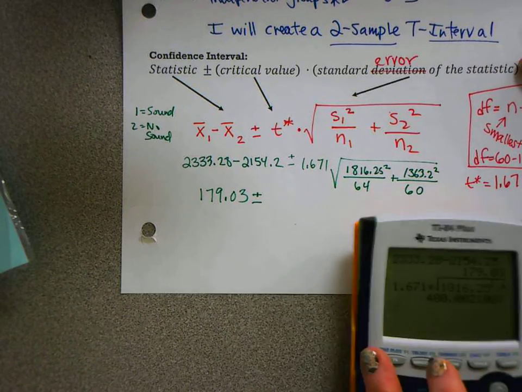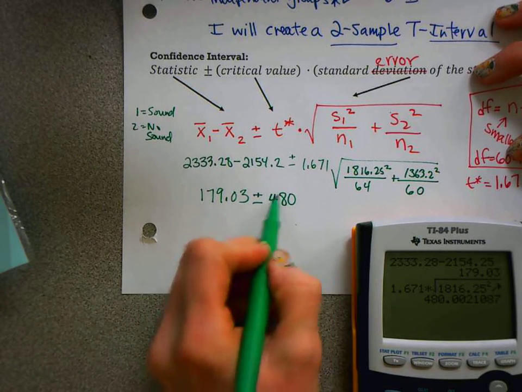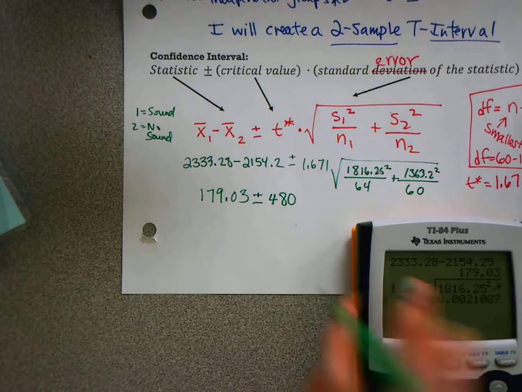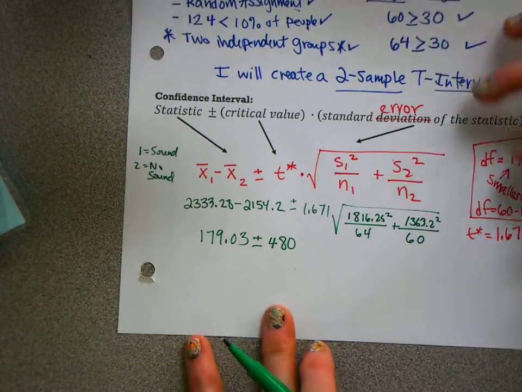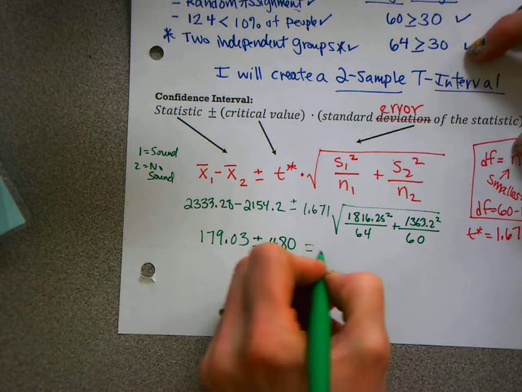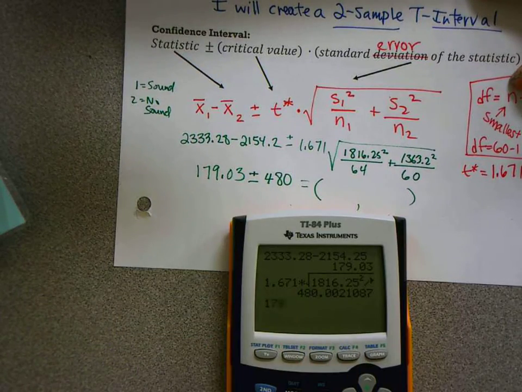Oh no, what that means is that our margin of error is saying we are expecting to be off by about 480 points, and we only average a difference of 180 points. So that means I'm going to go into the negative. So 179 minus 480 is negative 301.